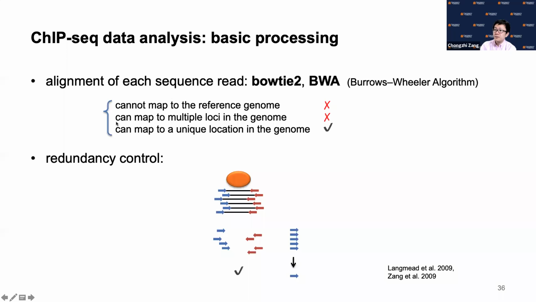Another case is when a sequence read can map to multiple positions in the genome, usually in repetitive regions.